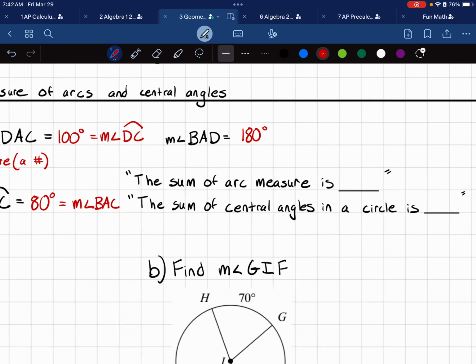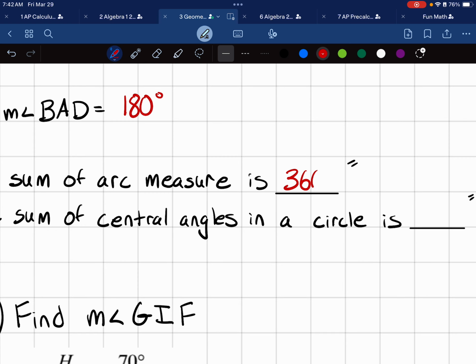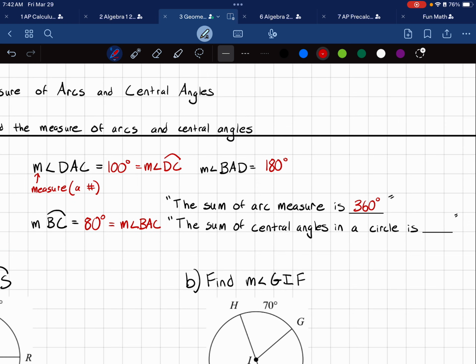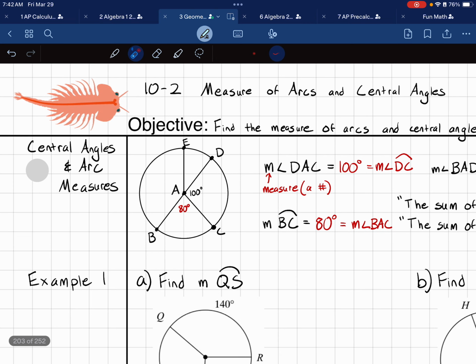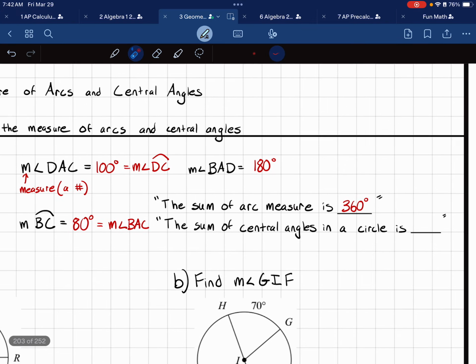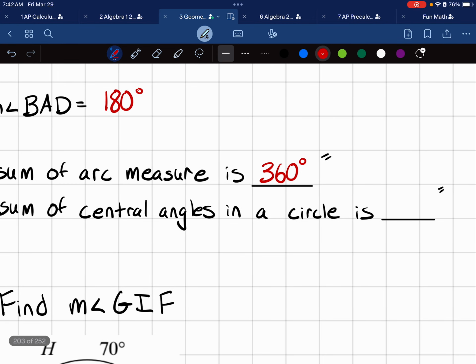I've rotated 360 degrees. And the same thing if I'm talking just about the inside, the central angles. If I add up the inside angles, if I rotate from here all the way around to here for the central angles, that's also still 360 degrees. Excellent. And it is important to start writing the degrees now as opposed to radians, so just start getting used to that.